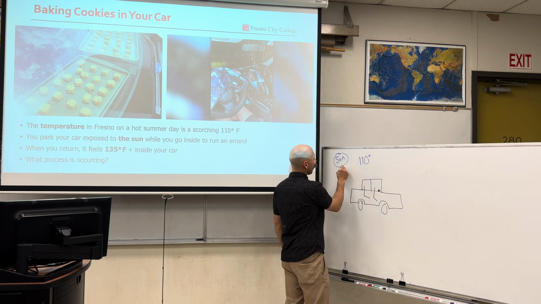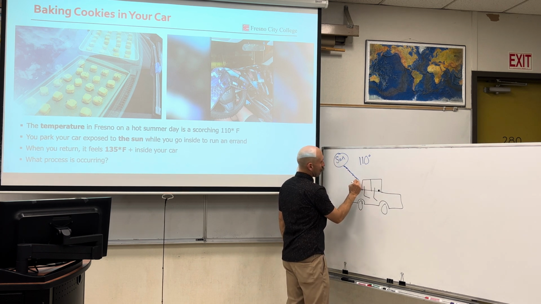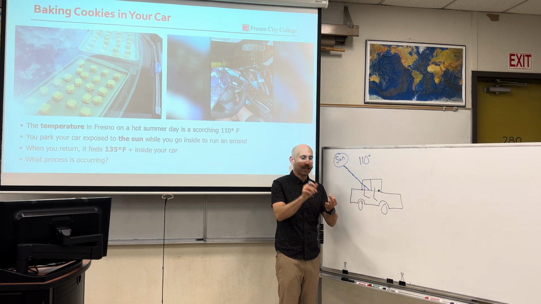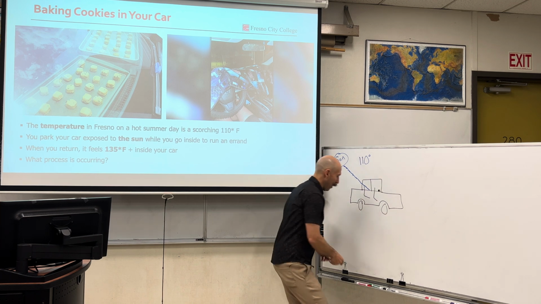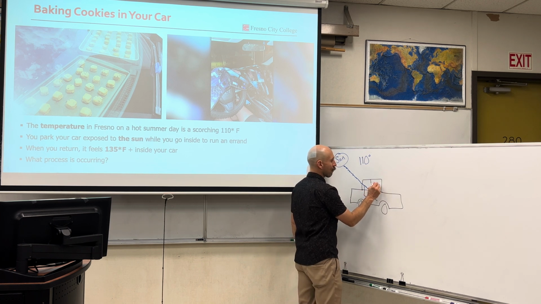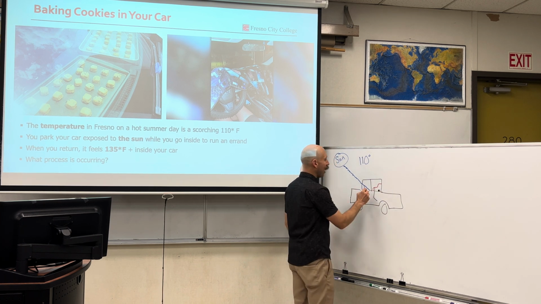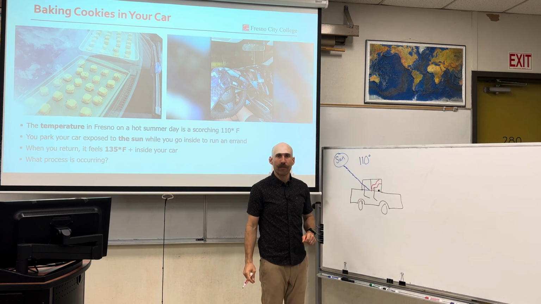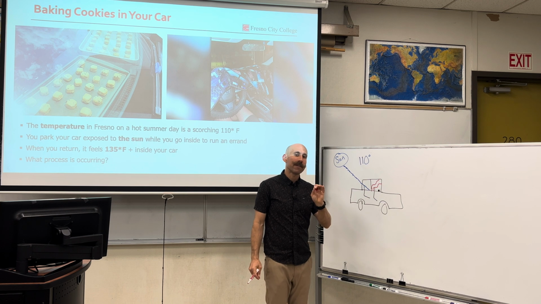The heat from the sun makes its way through the windows, and it heats up the interior. It heats up the seats, it heats up the dash, it heats up the steering wheel, it heats up the floorboards, it heats up everything. That heat then tries to escape, but it's trapped inside of the windows because of the form of heat transfer that is occurring.